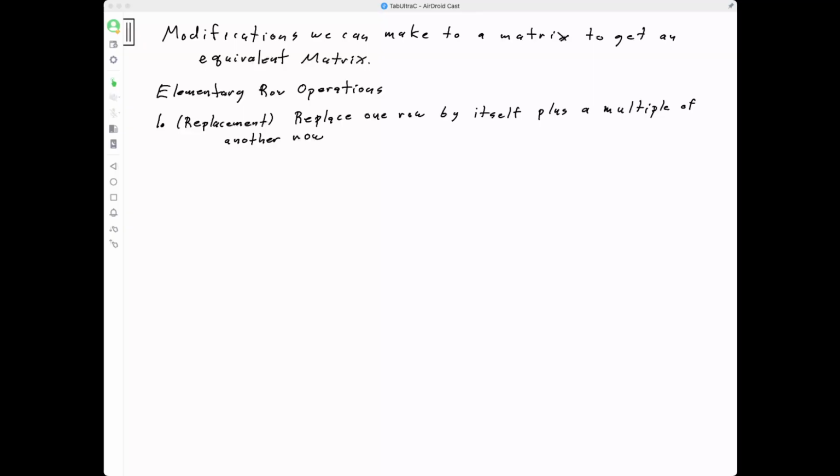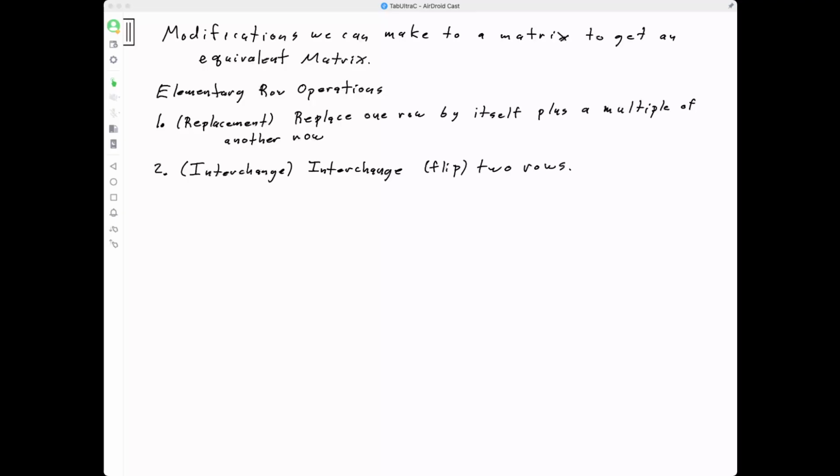The next one is sometimes referred to as interchange. And what interchange kind of means is flipping or switching or something along those lines. And so the interchange operation is you can interchange or flip two rows.